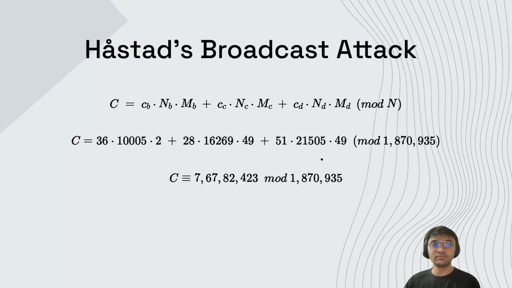And we get this huge number. They have to calculate the modulus of this number, so it's within the range of N. And after doing a mod operation, the final clubbed ciphertext is this.